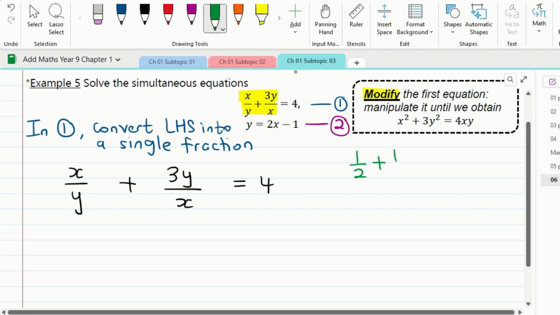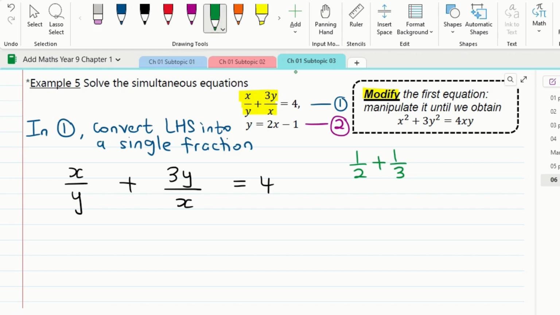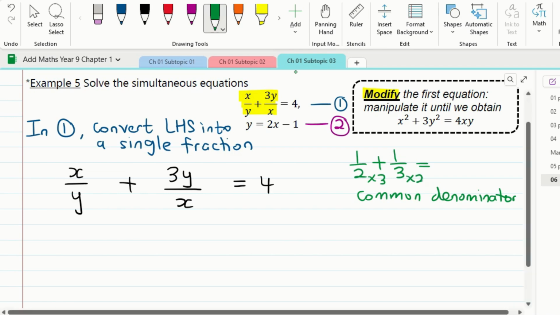For numbers, in order to make this into a single fraction, you must at least have a common denominator, right? Common denominator means the denominators are the same value. So here, the common denominator for this is 6.